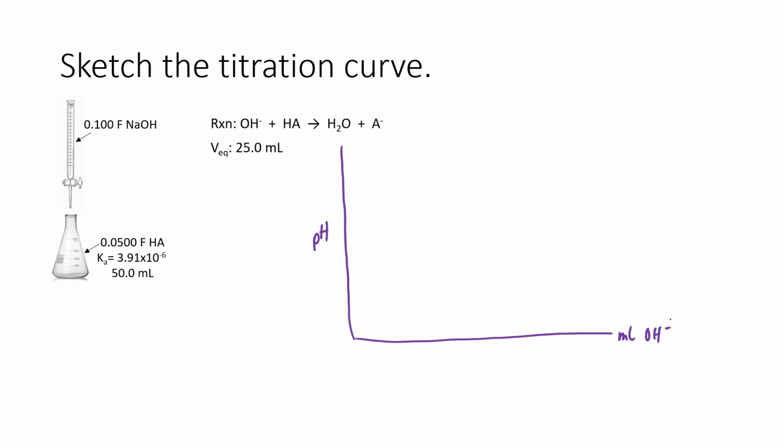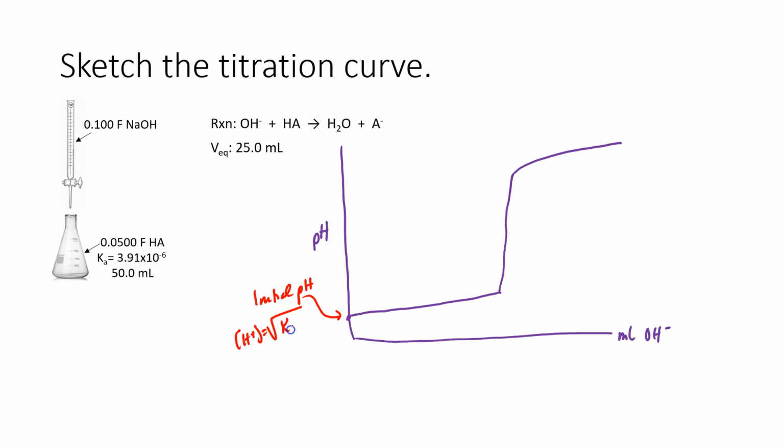And remember how our pH kept going up? We started out acidic, and then we ended up in that buffer region, and we reached the equivalence point, and then we had excess OH. So here, to get that initial pH, we just used quick and dirty.